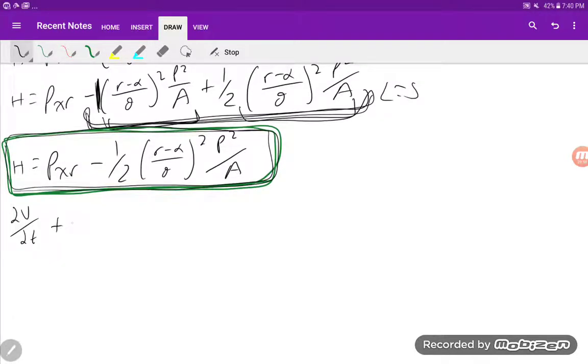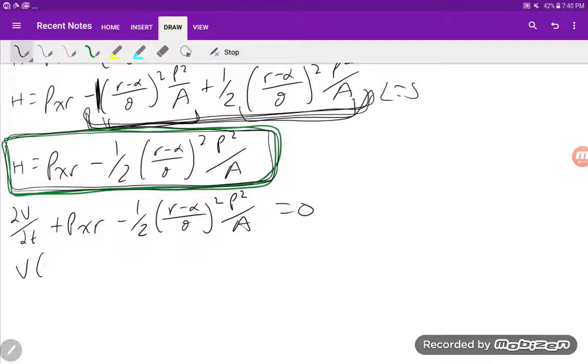So we're just going to write that exactly, minus 1/2 r minus alpha over sigma squared p squared over a equal to 0. And then remember we have our terminal condition because we're running this as a minimization, so the value of our function at terminal time t should be equal to negative utility because we are minimizing. Okay.